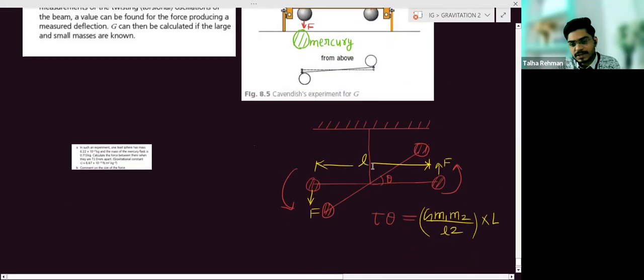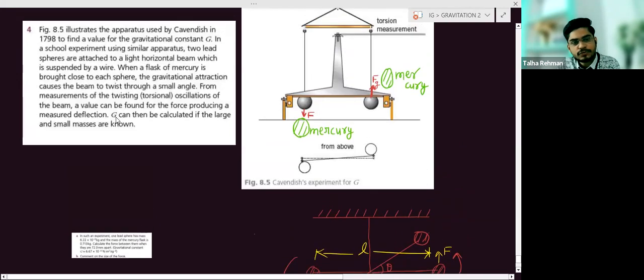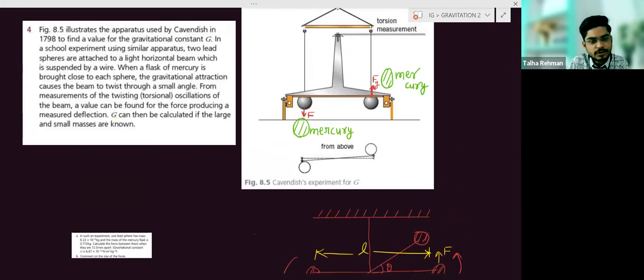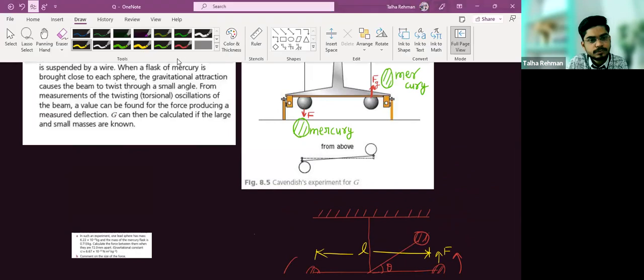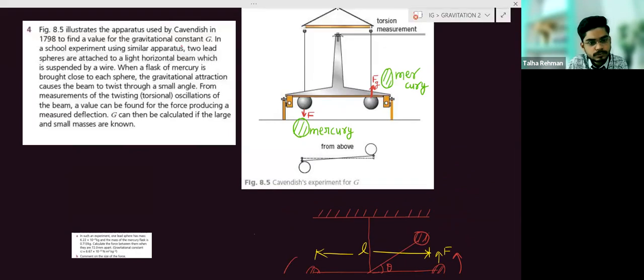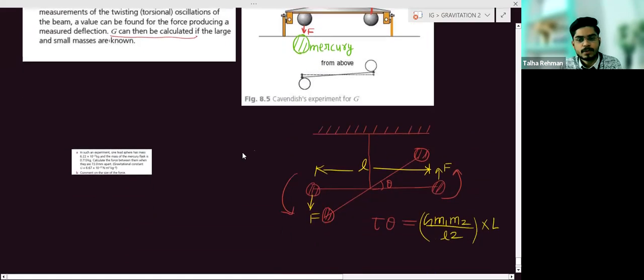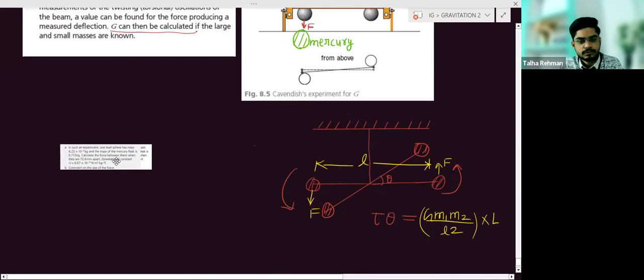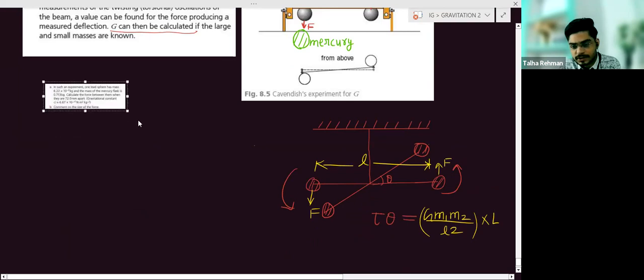So with the help of this setup, we can find the value of G. Now, this is about the setup.